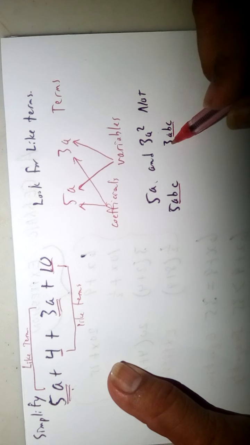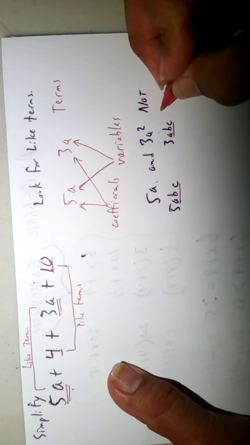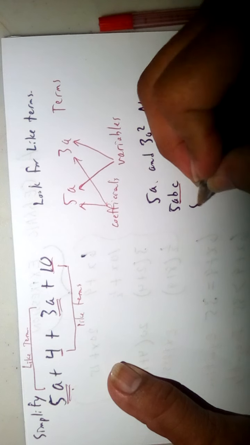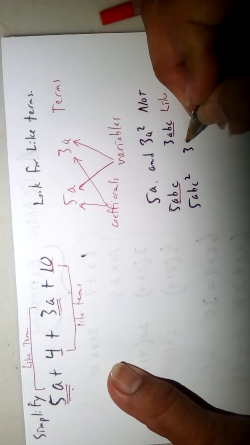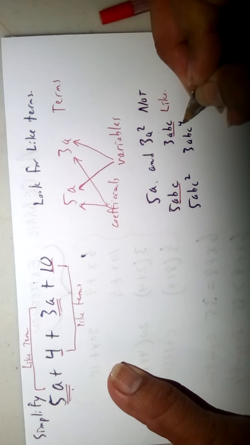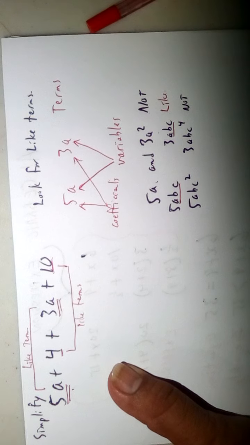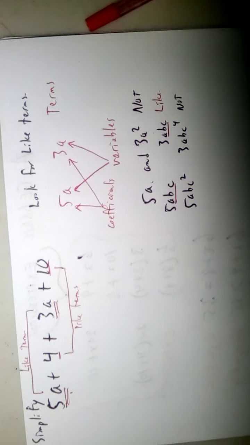The numbers may be different, but that is okay. But if I now have 5abc squared, and 3abc to the fourth power, or to the third, or to the fifth, or to the sixth, not to the second power, then these are not like terms. So those are the ones which we can see as like terms and unlike terms. I believe we have the understanding of what like terms are for our algebraic expression.